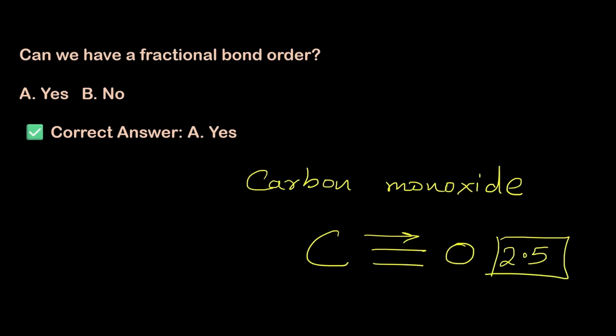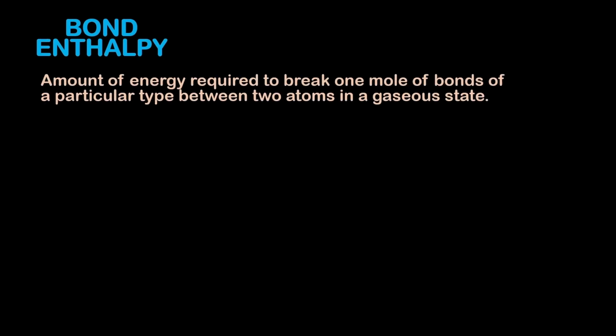The reason behind this is an unevenly distributed pair of electrons, which is the third pair of electrons between carbon and oxygen.